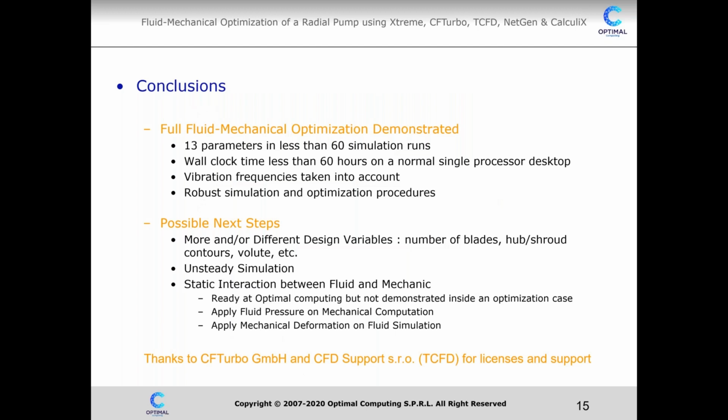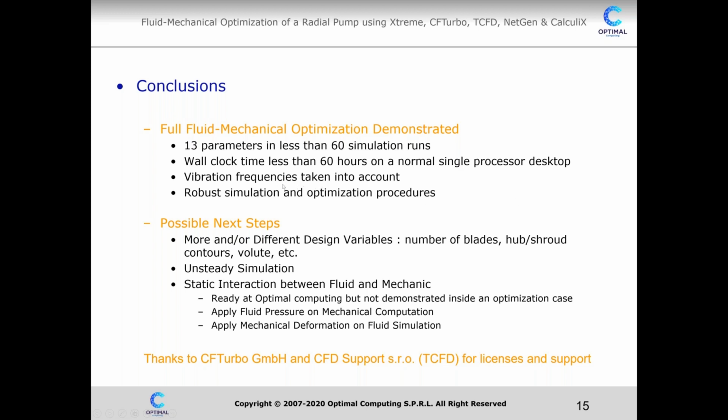And finally, some conclusions. So you saw the successful hydromechanical optimization using 13 design variables in less than 60 simulation runs. The whole clock time is less than 60 hours on a very, let's say, normal desktop computer.